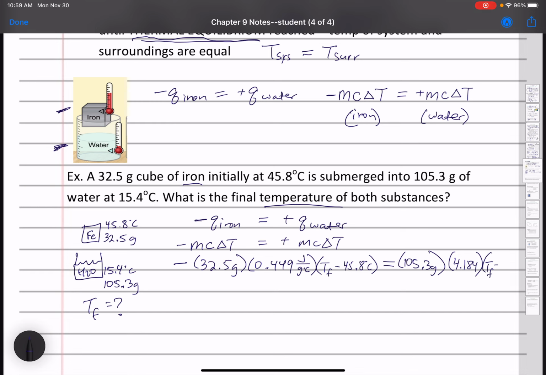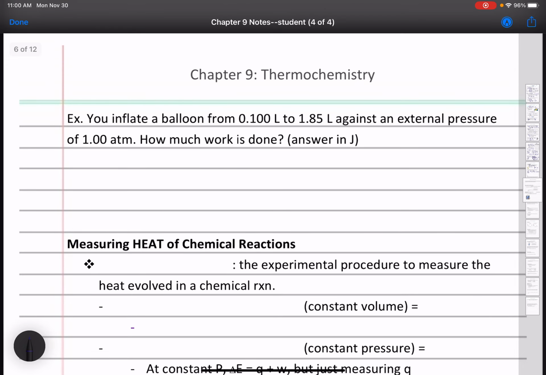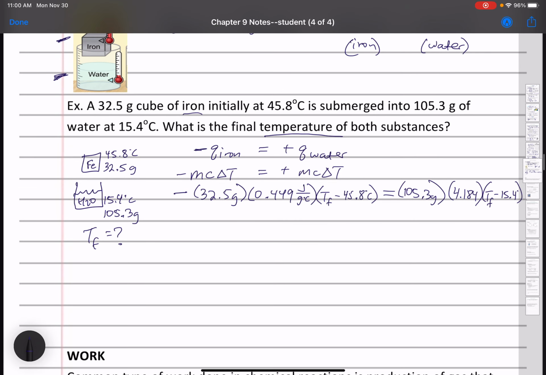And final temperature minus initial temperature, the initial temperature of the water is 15.4 degrees Celsius. So now we just need to do the math. We need to solve for that final temperature. And TF, the final temperature, is the same for both of them. So it's not two different numbers. That happens to be the number that's going to be the same on both sides of the equation.